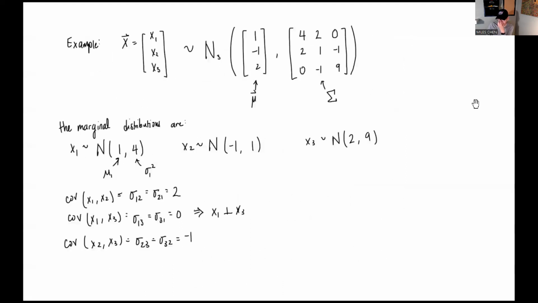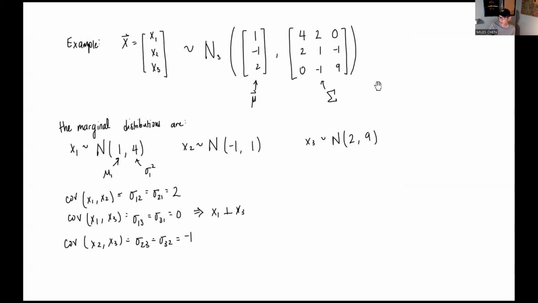Okay. All right. What if we have non-zero values in the off diagonals? Here I've got a 3-dimensional vector. X exists in 3 dimensions. Here are my mu's. This is the mean of x1, mean of x2, and mean of x3, and this is my sigma matrix.